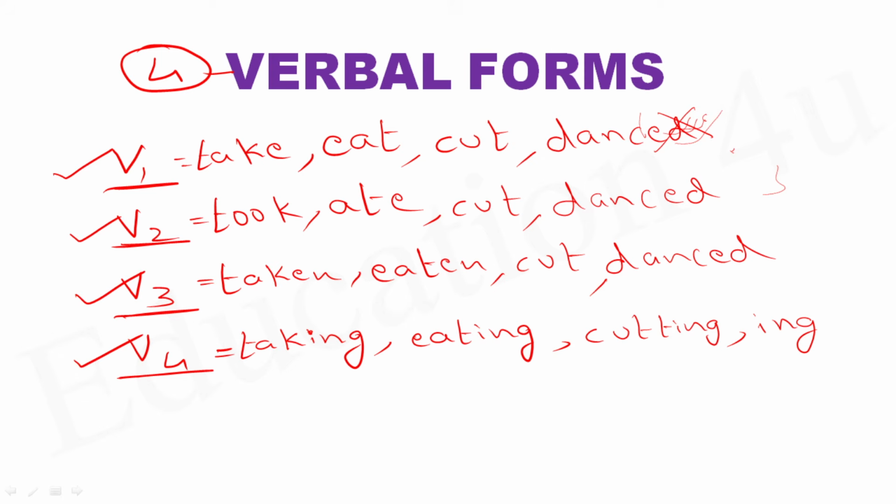And V4 is known as continuous form or gerund form. But are you happy with these terms? No, right? My advice to all the aspirants is try to learn grammar using simple terms. Don't get into complex terms. So this piece of information which I have shared with you is step number 1, that is basic grammar.